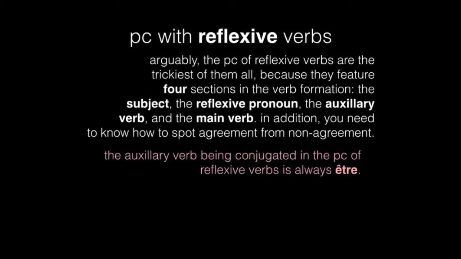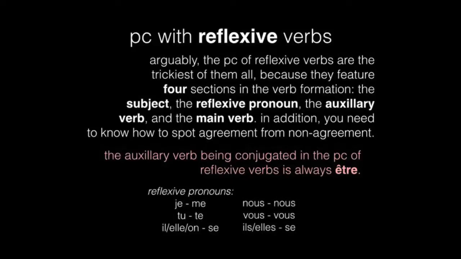The auxiliary verb being conjugated in the Passé Composé of reflexive verbs is always être. Reflexive pronouns, in case you didn't know them already: je will become me, so it's je me, and then enter your verb here. Tu is te, il, elle, on is se, nous is just nous, and vous is just vous again. Il and elle are again se.